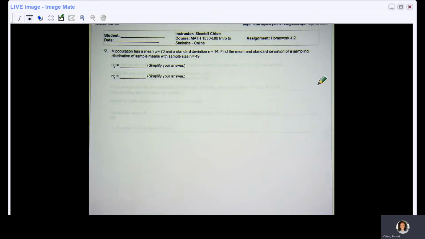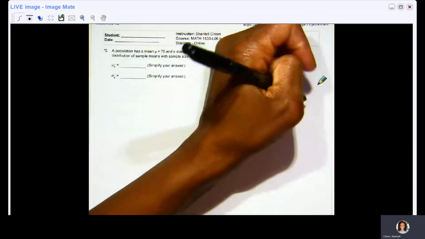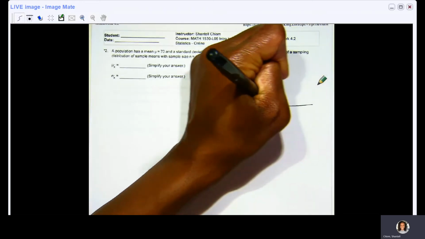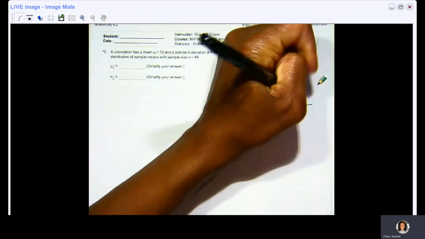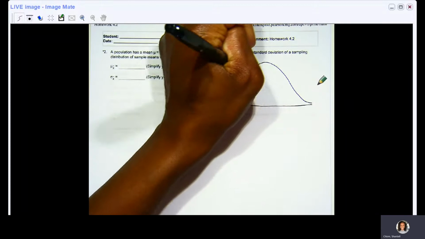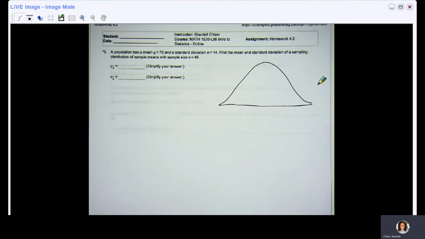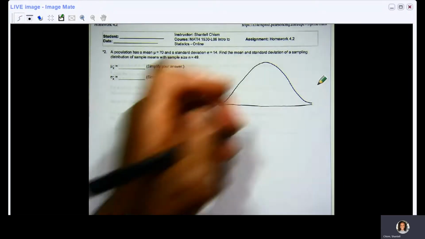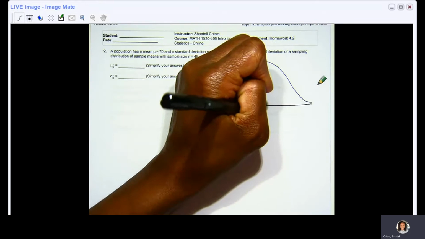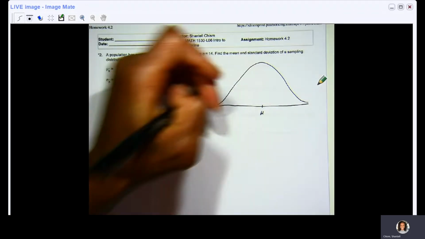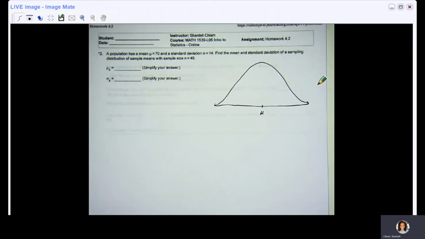All right, so let me give you a little background so you get what I'm saying here. When we think about the normal distribution, the bell-shaped curve, we're talking about the entire population for some random variable x being normally distributed. This would be what your standard bell-shaped curve would look like for any normal distribution.